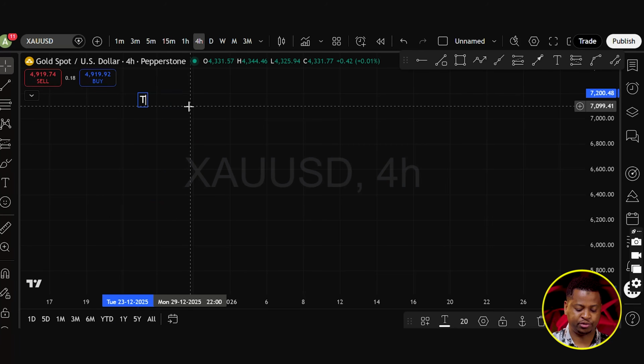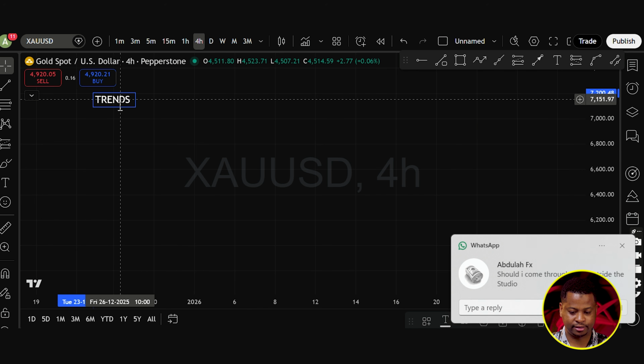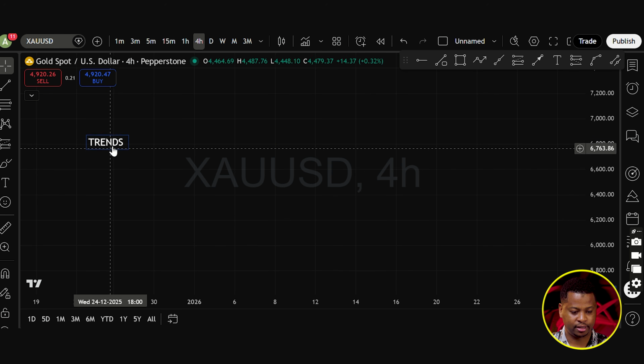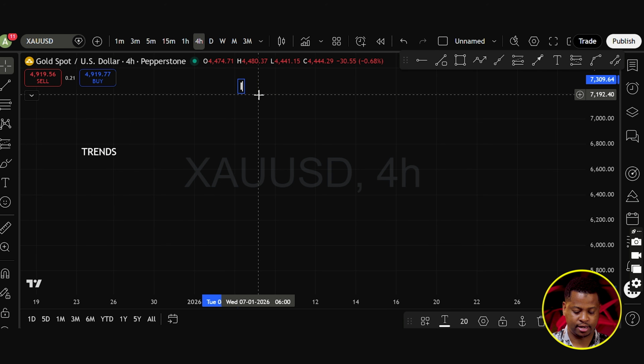So the first thing we're going to be looking at is something we call trends. Remember, this is one of the ICC strategies. So I'll just write it here, ICC strategy.